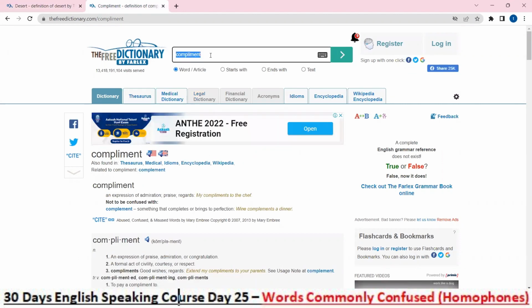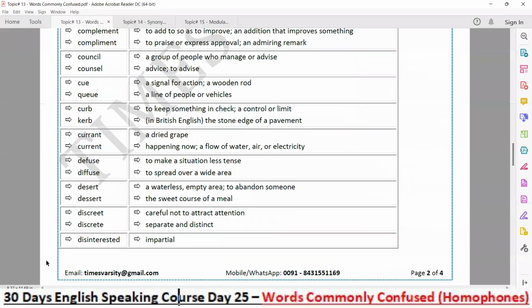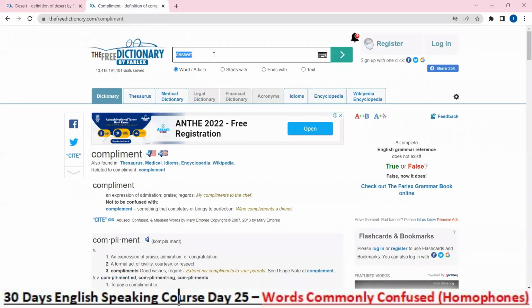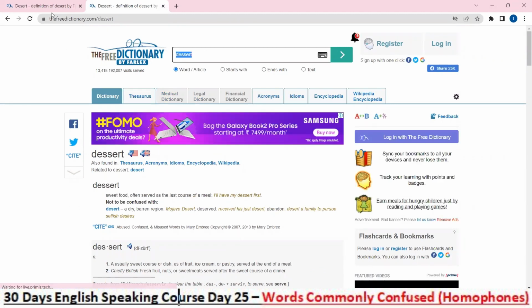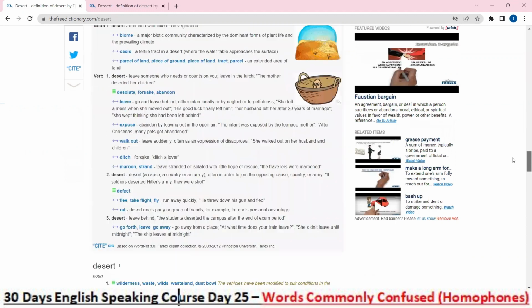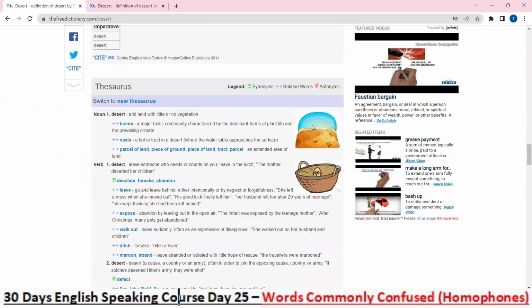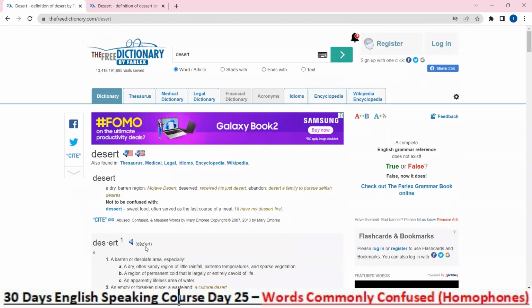Now, if you look at the one with double S, the only difference between them is that double S is used here. Look at the pronunciation. It is desert, and that is dessert. So desert looks like Registan, a place where there is no water. Such places are called desert.